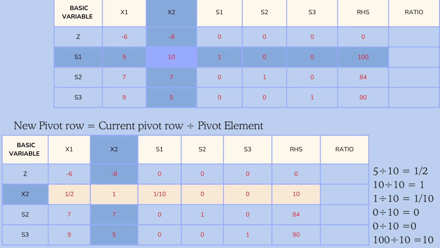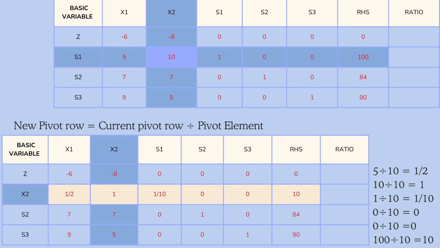May formula tayo for new pivot row. New pivot row is equals to current pivot row divided by pivot element. So, dito na natin magagamit yung pivot element. So, kailangan natin talagang malaman yung pivot element. So, now, magkakreate na tayo ng new pivot row. Sa table, papalitan natin yung leaving variable which is yung S1 ng entering variable which is yung X2.